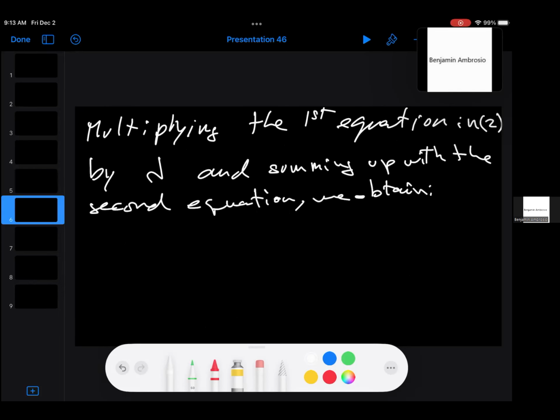So I obtain lambda squared u minus uxx equals lambda f plus g.